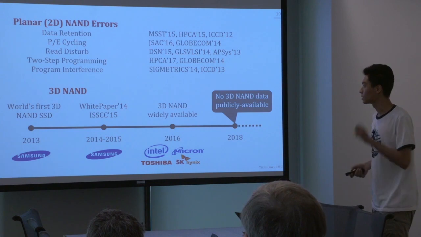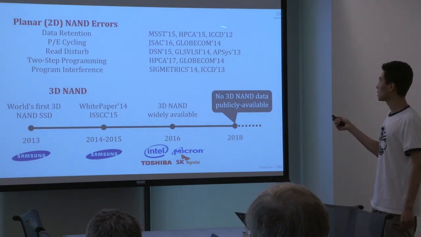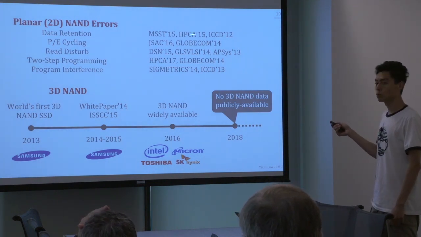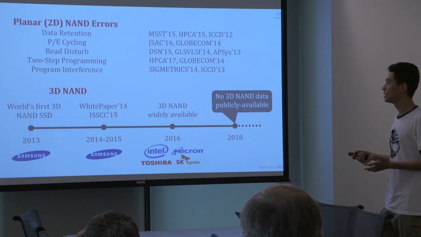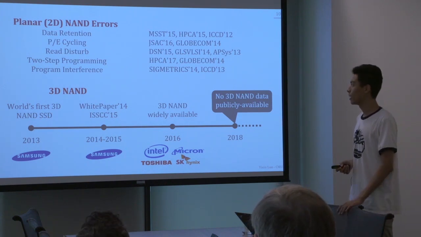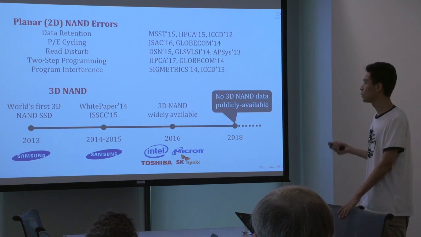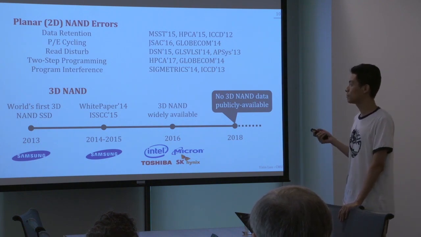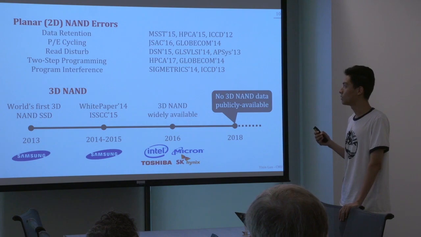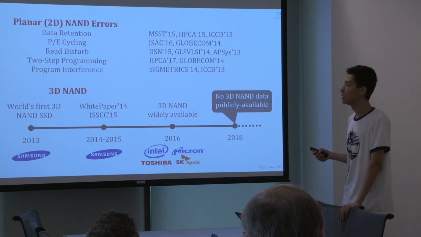So here's the background. On the top, I'm listing a number of works that have studied planar NAND errors. Planar NAND errors have been relatively well studied, and these works have categorized the errors into several categories based on how they appear.